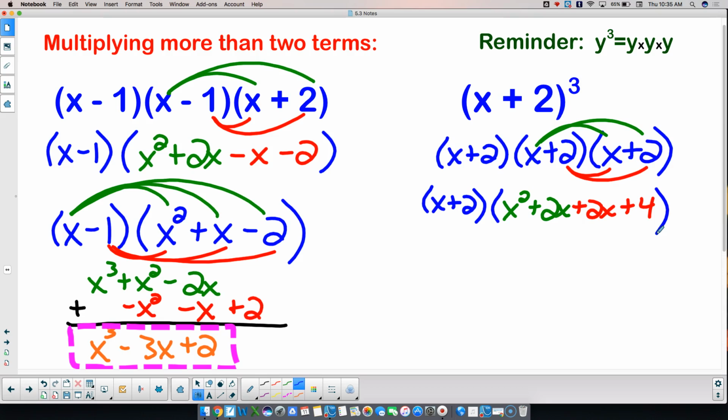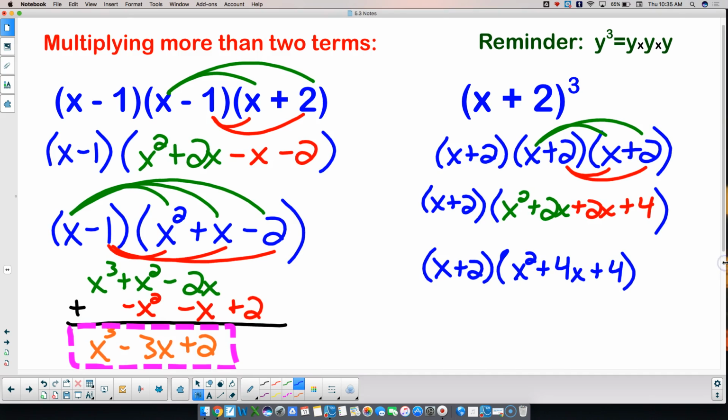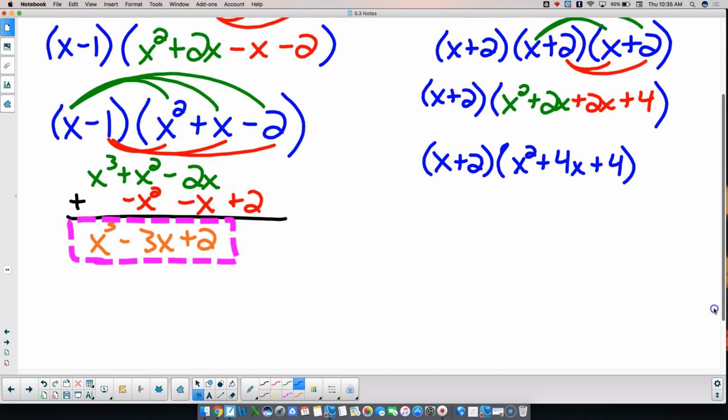So that is x plus 2 times x squared plus 4x plus 4. Slide it down a little bit.